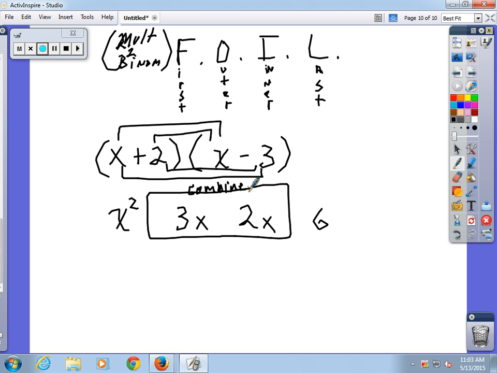And we've got outside is a negative 3x, and inside is a positive. And how do you get the sign? How do you get this 6 right here? What did we do? We multiplied these 2 numbers, and that's a positive and a negative, which makes a negative. Now remember that when we do reverse FOIL. And your final answer is x squared plus minus x minus 6.